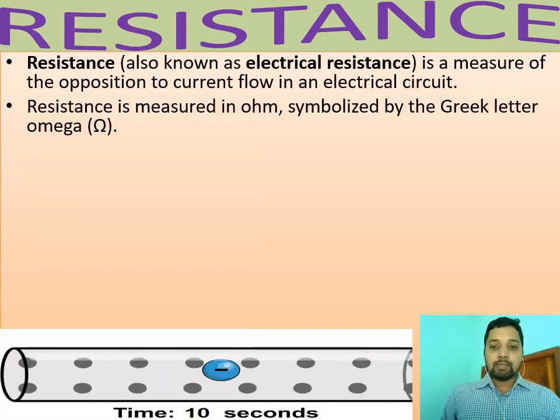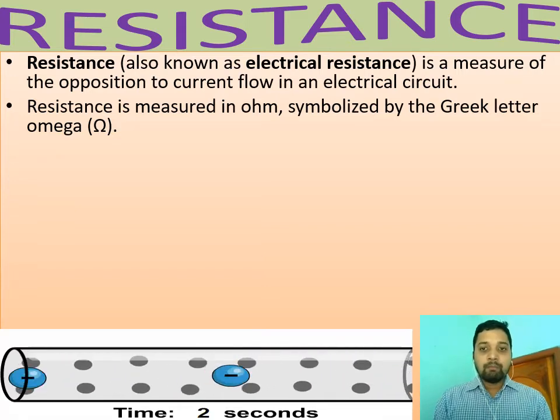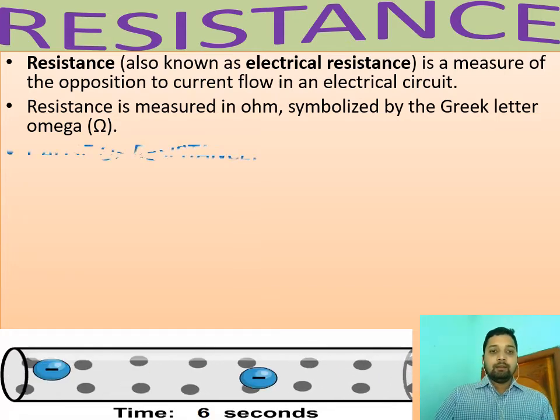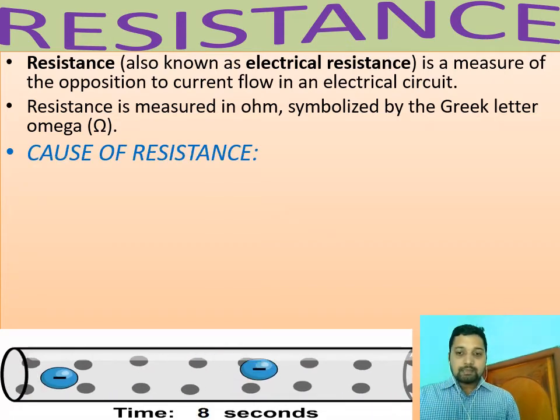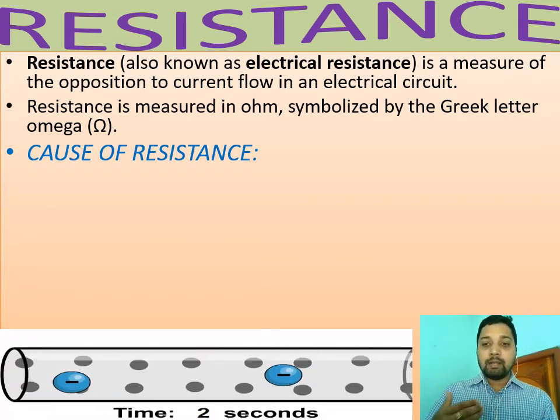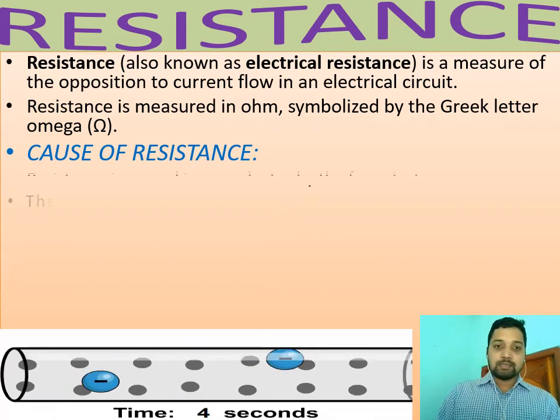Resistance is measured with the unit ohm, which is denoted by the Greek letter omega. Why does any substance provide resistance? What is the cause of this resistance?